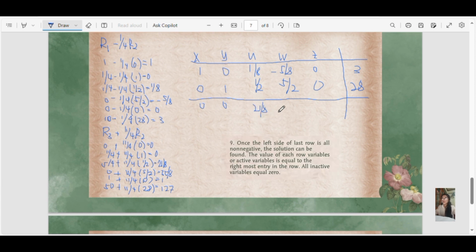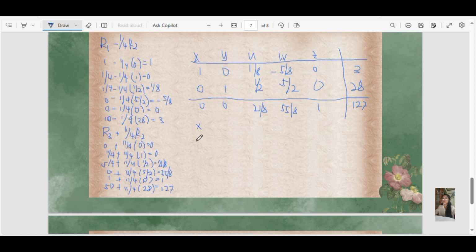So let's write it. Once the left side of the last row is all non-negative, the solution can be found. The value of each row variable, or active variable, is equal to the rightmost entry in the row, and all inactive variables equal 0. So we made it. Now let's find x, y, and z.